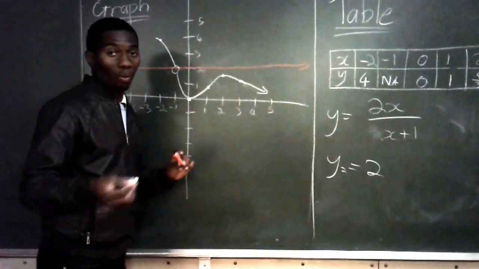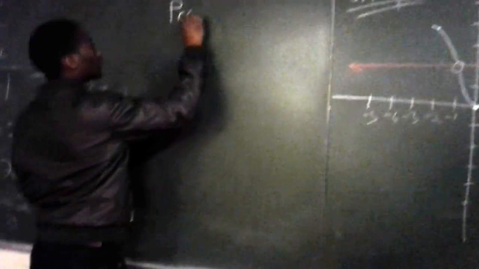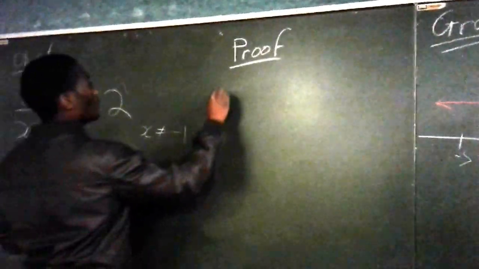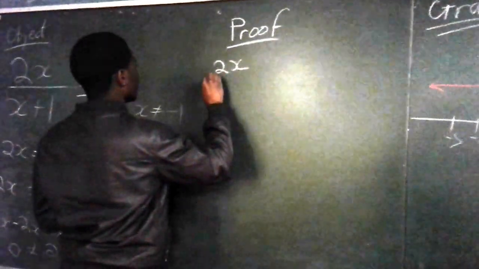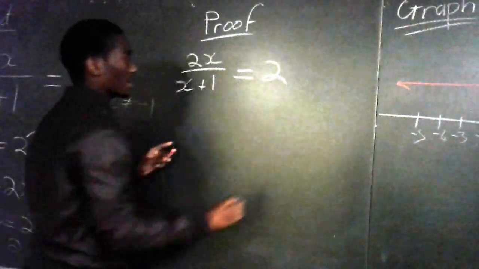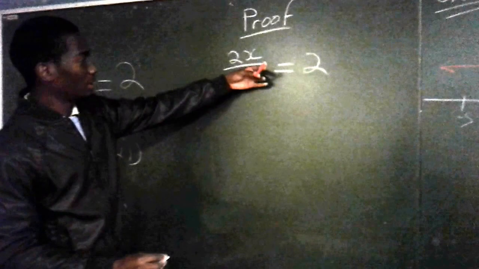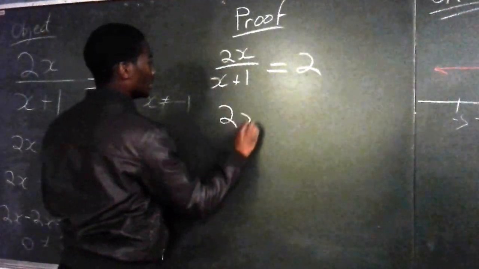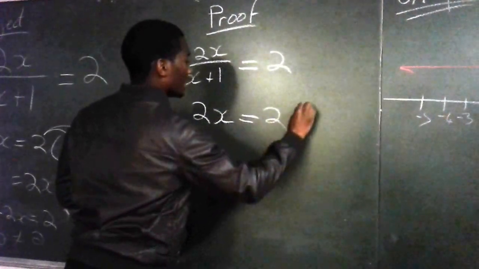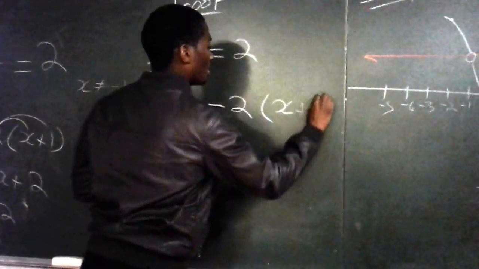Now to prove it again, what I can also do is say 2x over x plus 1 equals 2. Seeing that this is my graph or my object, I continue to say 2x equals, multiplying that side, 2 times x plus 1.